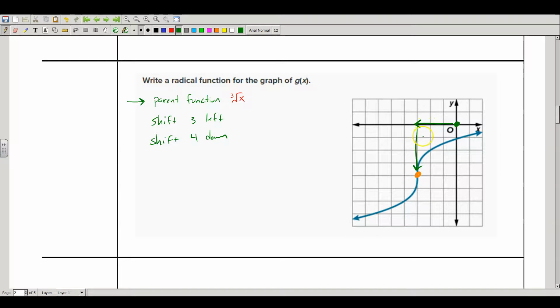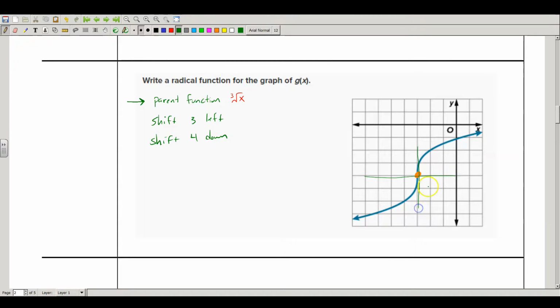The last thing that we can look at is the stretch, or the a value here. If we think about the parent function, root x, and I plug in, let's say, 1, I get 1. So on this graph, 1 gives 1, and it would start to go like this. And -1 would go to -1, and it would start to go like this. Well, think about the stretch of the function that we have.